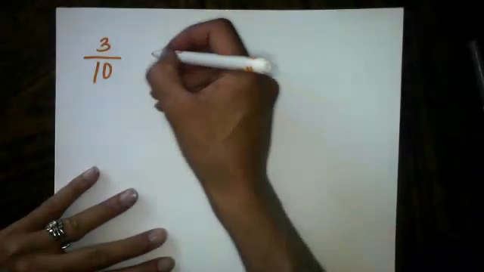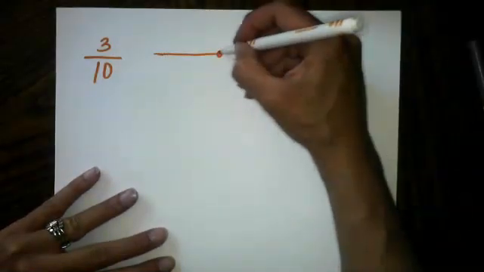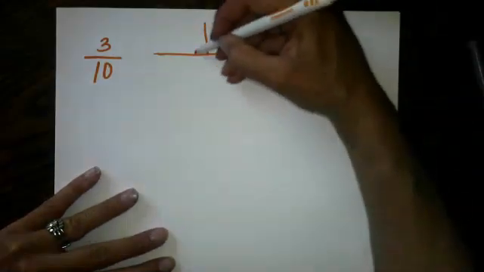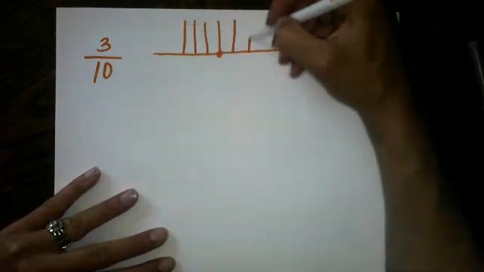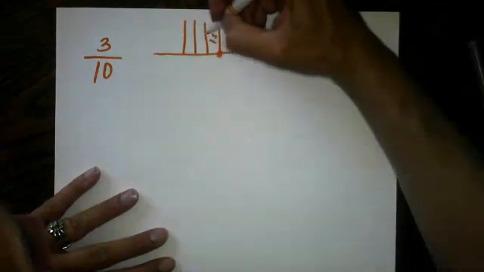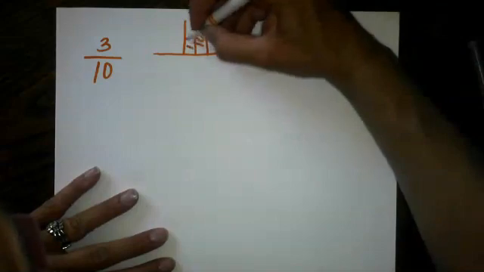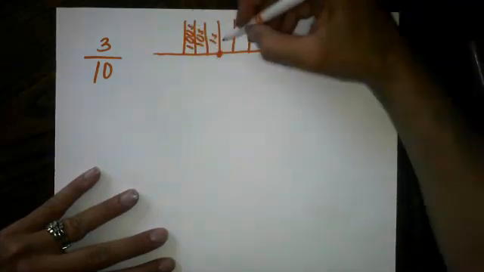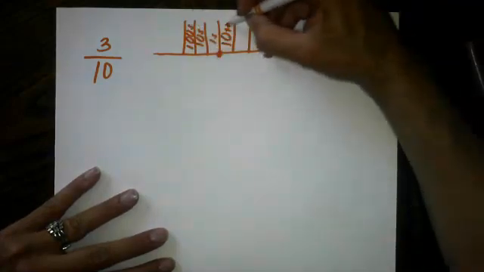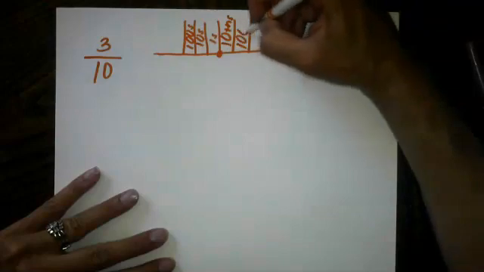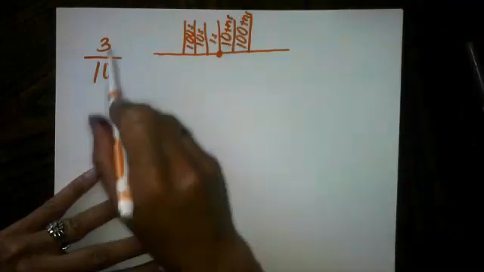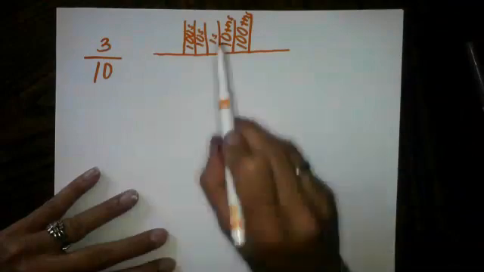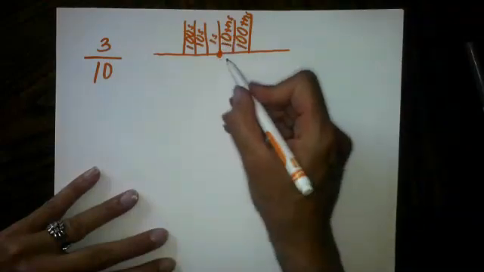I know if I have a place value chart, and I have my ones, my tens, and my hundreds, then I have my tenths and my hundredths. I have 3 tenths. I'm going to go right to my tenths place. I'm going to bring my 3 there. And that is how I would write 3 tenths.